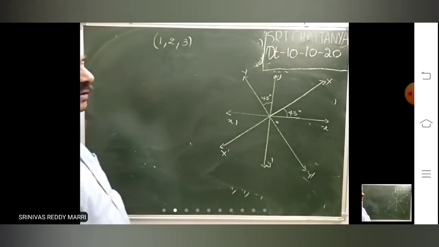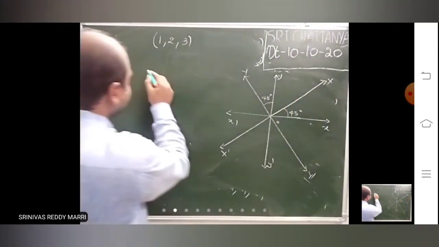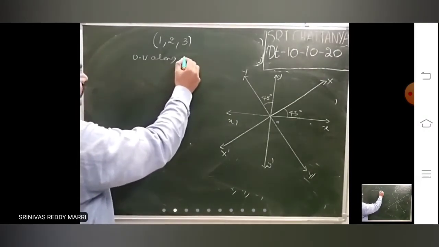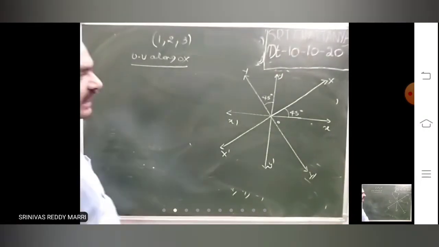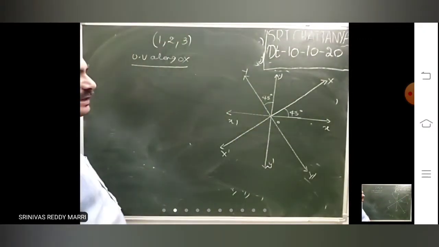right? So now what I want to calculate is unit vector along OX, and along OY unit vector I want.